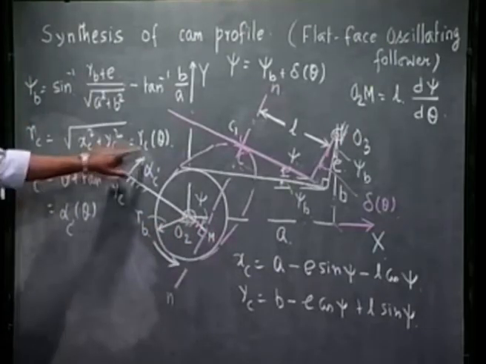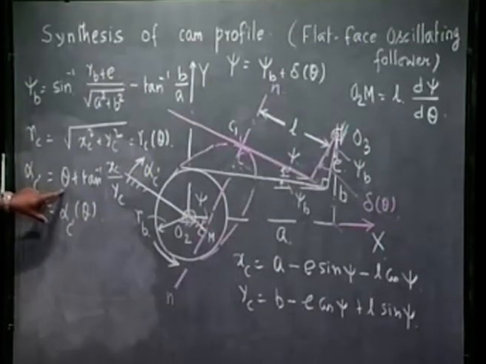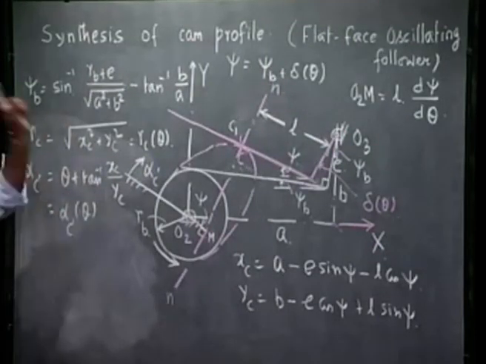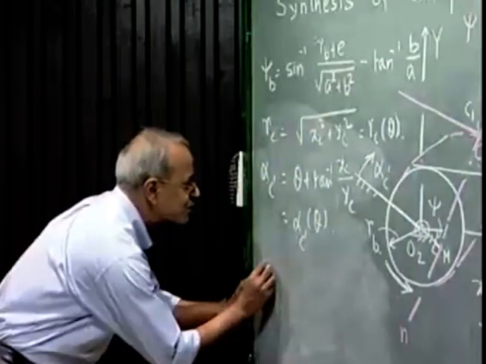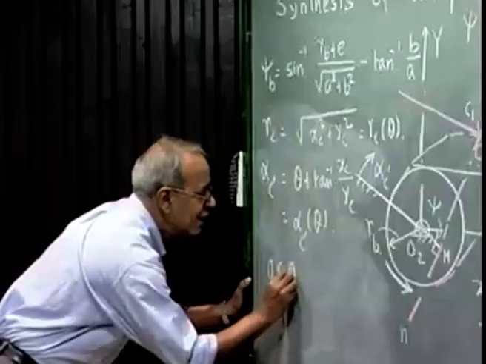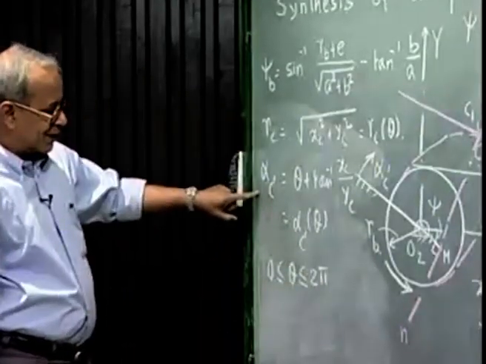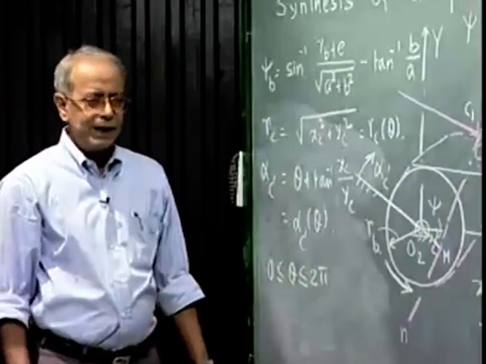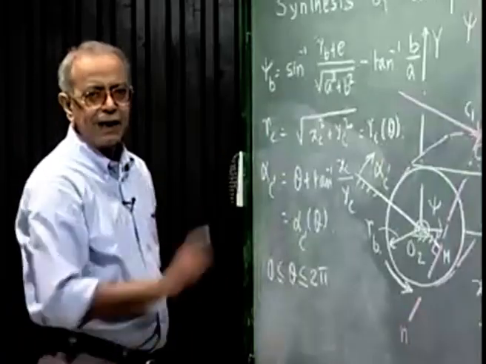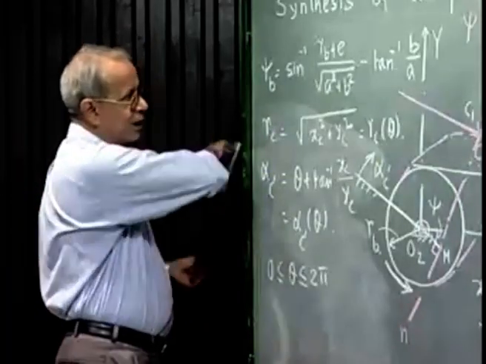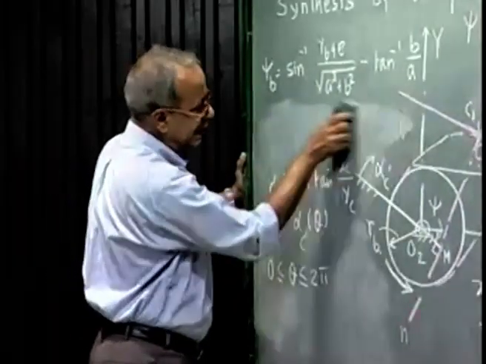RC, which we can get for various values of theta, and alpha c prime, which I can again get for various values of theta, but theta represents the cam rotation. So varying theta from 0 to 2 pi, I can get RC and alpha c prime for various values of theta. Then plotting those values, I get the cam profile, as we have done in case of translating followers. This portion is exactly as before.